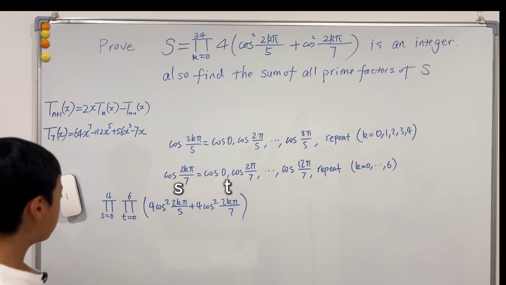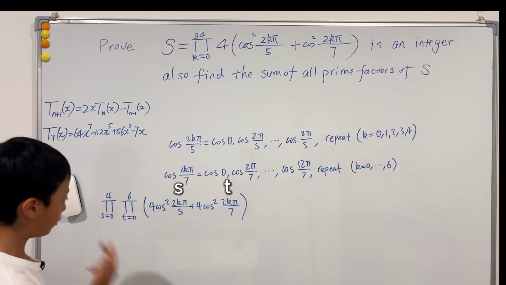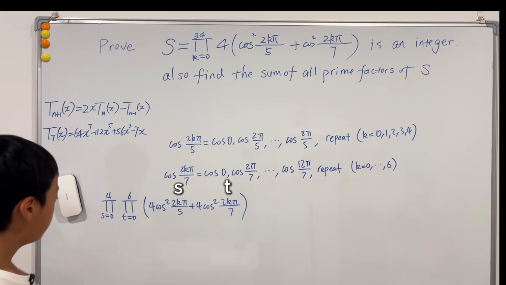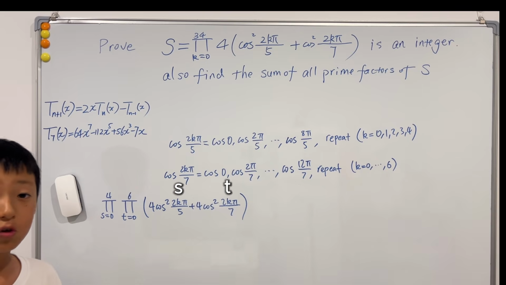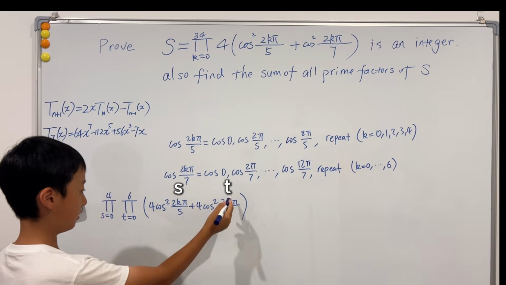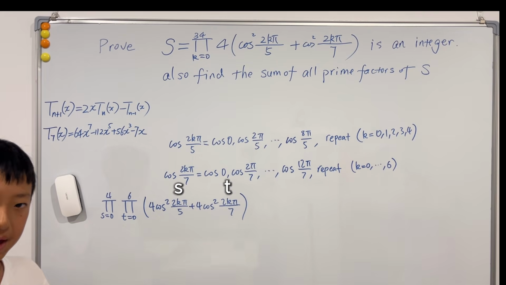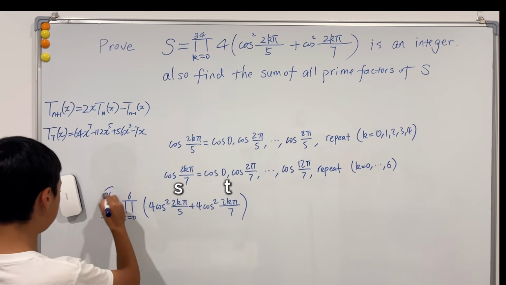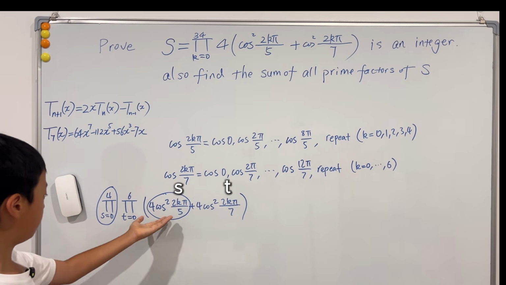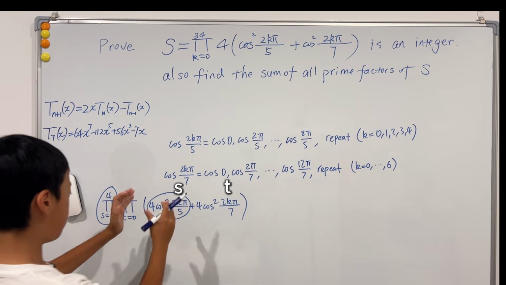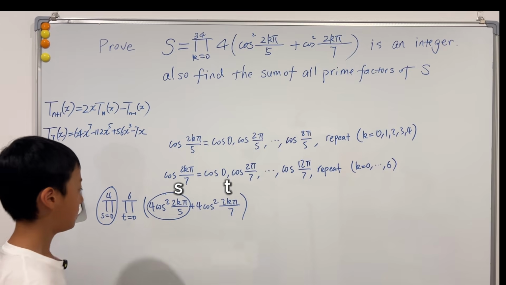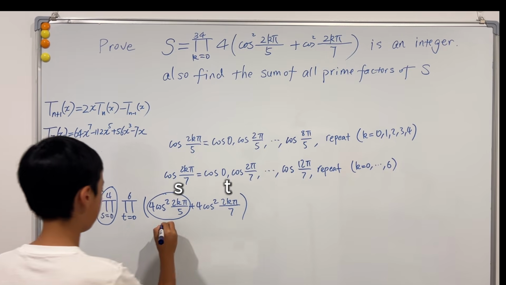Okay, so now it seems like dealing with two products and two terms at the same time is a bit too complicated. So I'm going to mainly focus on the inner terms, and I will try my best to ignore the rest. But how can we possibly ignore this? It's such a big chunk, right? Well, we can just make this into some variable, x.